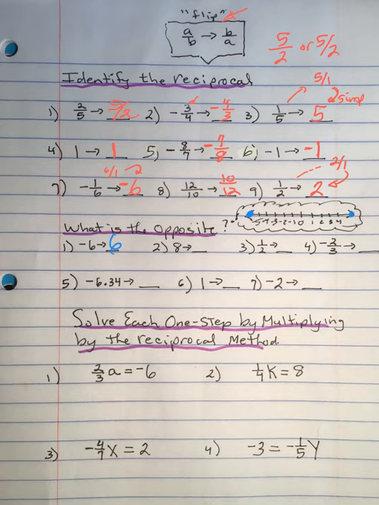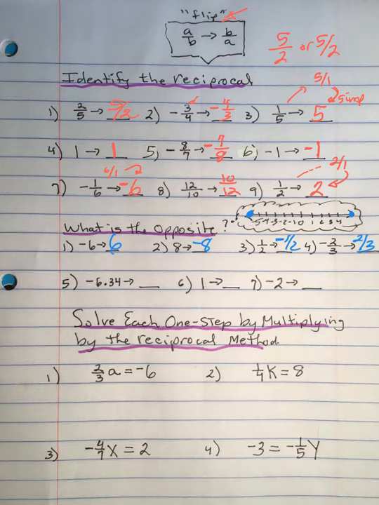The opposite of +8 would be -8. The opposite of +1/2 would be -1/2. The opposite of -2/3 would be +2/3, because you're just talking about the opposite side of the number line. That's different than reciprocal. Reciprocal is where you flip it, right?